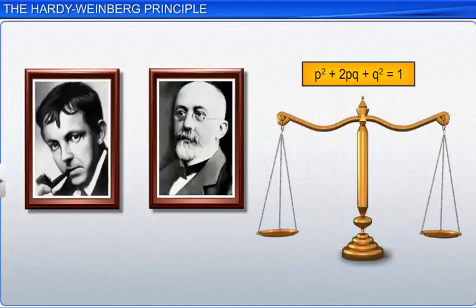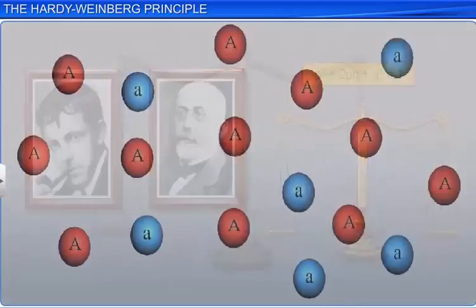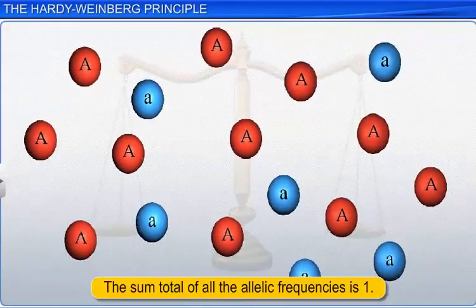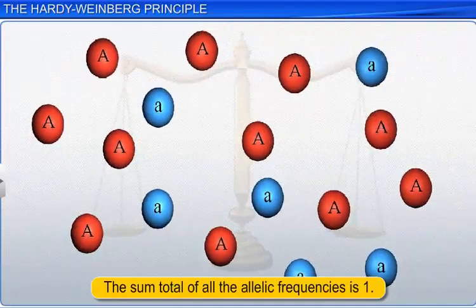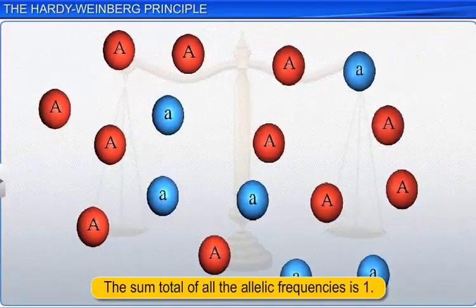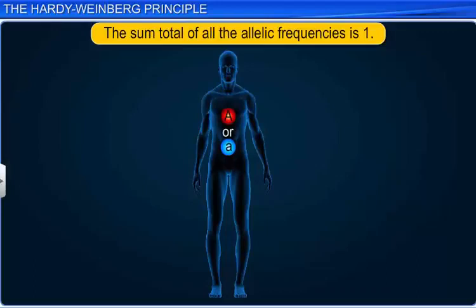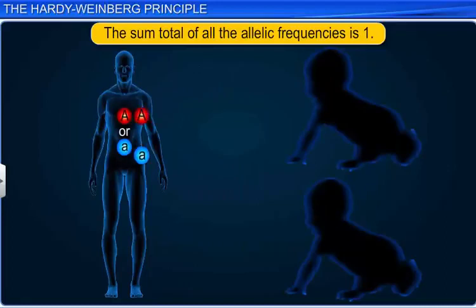Let's understand how this equation is derived. The sum total of all the allelic frequencies is 1. Generally, there are two forms of a gene, that is, two alleles for one character. Each of these alleles has an equal chance of getting inherited.